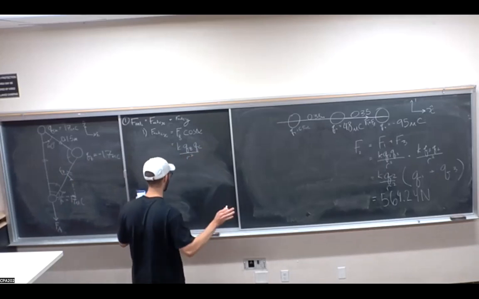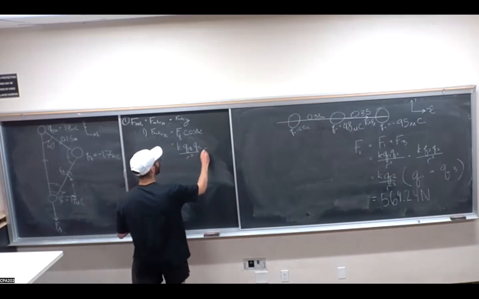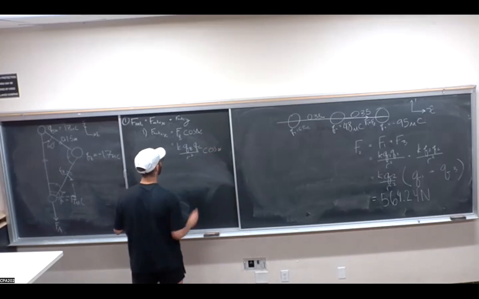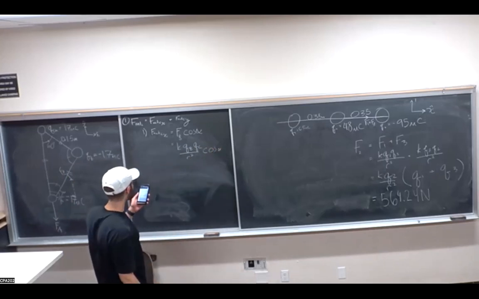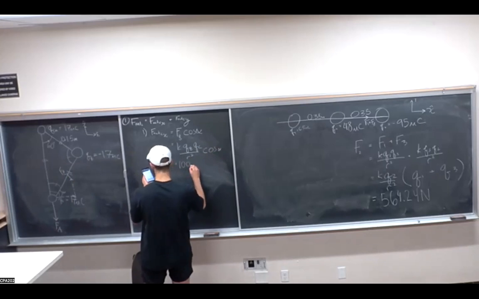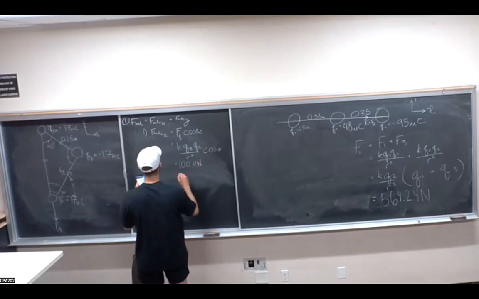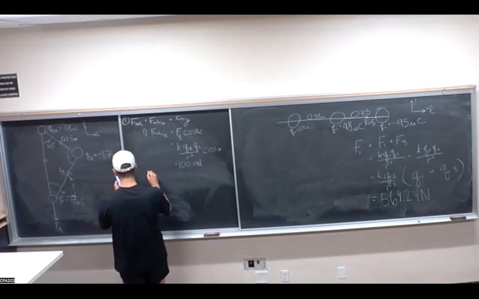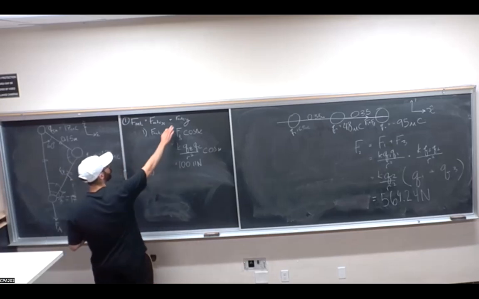I thought I messed up, but it's correct like this. And at this point, you should have enough to plug everything in, and you can just solve it out, and you will get 100.11 newtons. Okay. So in part 2 of this, we're going to need to find F net CY.